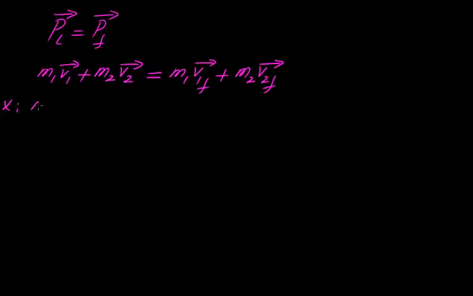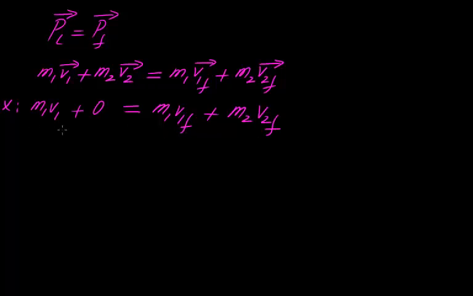m1 v1 has a positive component. m2 v2 is equal to 0. That is going to equal m1 times v1 final. Since we don't want to predict the direction of the v1 final, leave it in a positive form; the numerical answer will predict its direction. Plus m2 v2 final, which for sure travels towards the positive direction.